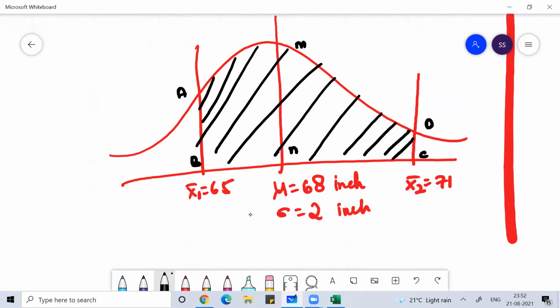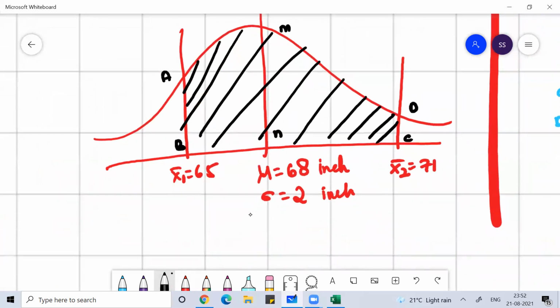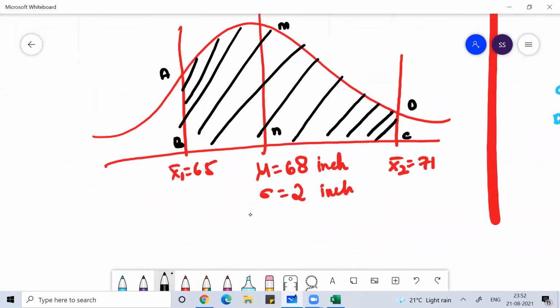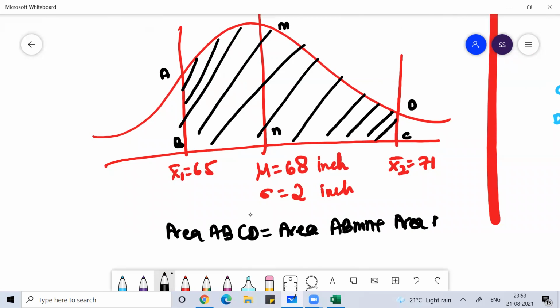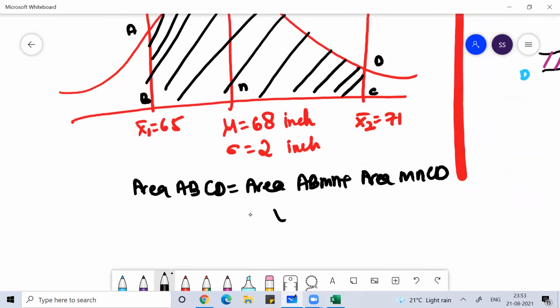You know, right? 50% of area is left hand side, 50% of area is right hand side. So I want this area ABCD. This area ABCD is nothing but the sum of area ABMN and the area MNCD. And the formula we follow, x bar minus mu by sigma, always gives you the z value from the central point to the end.